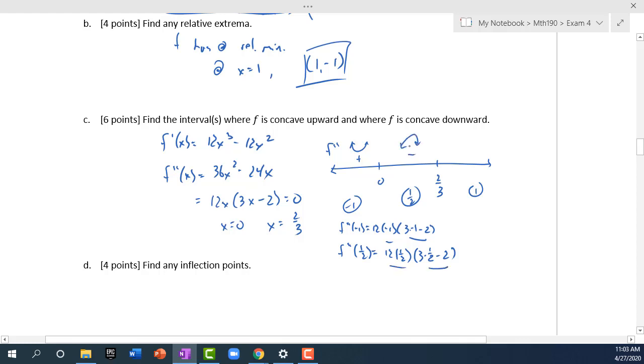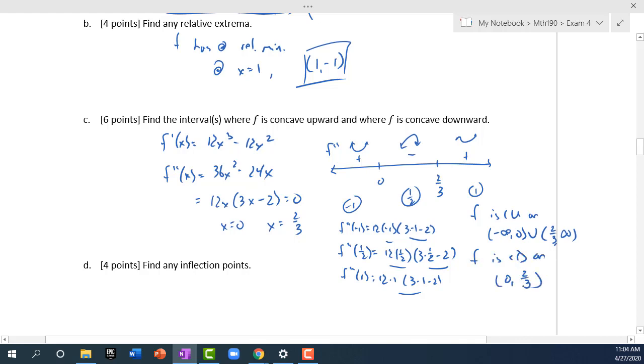It's concave down. And then f double prime at 1, 12 times 1, 3 times 1 minus 2, everything there is positive, concave upward. So f is concave upward on -infinity to 0 and 2/3 to infinity. And then f is concave downward on the interval 0 to 2/3.